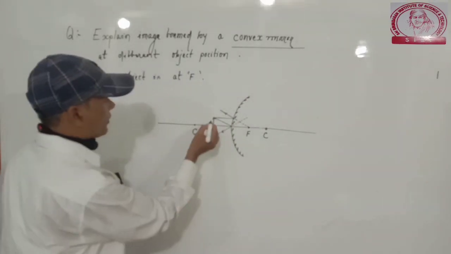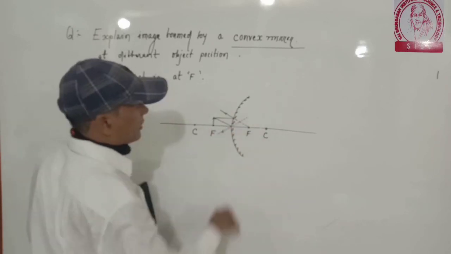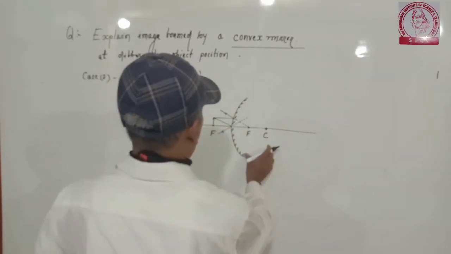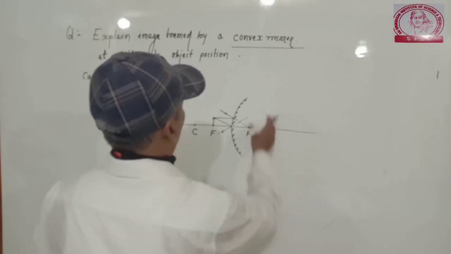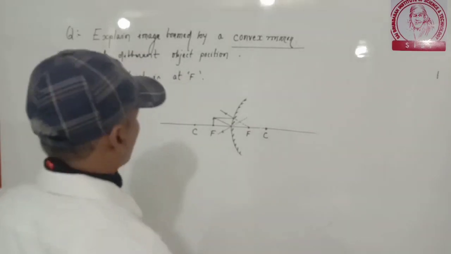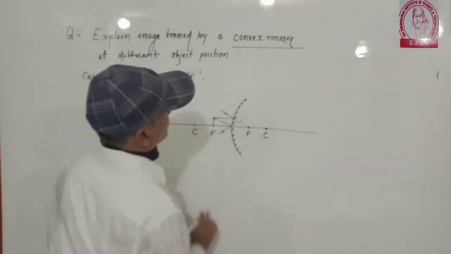You see, the object is at the principal focus, in front of a convex mirror.